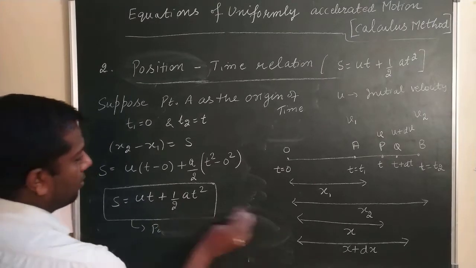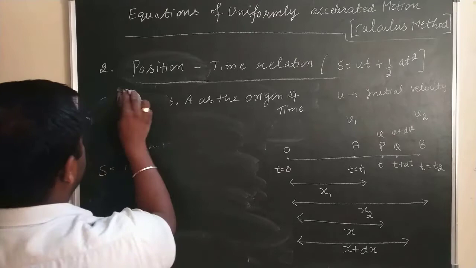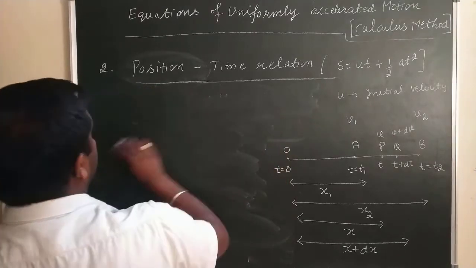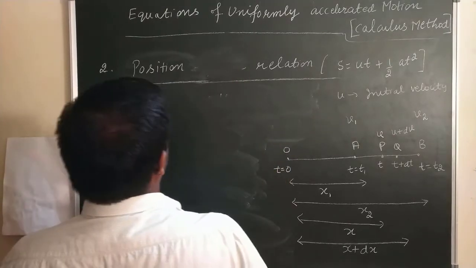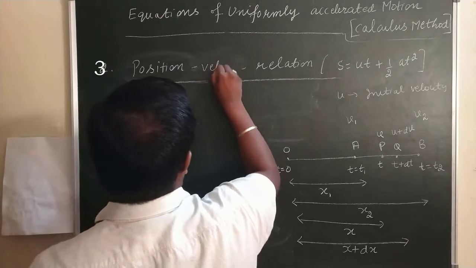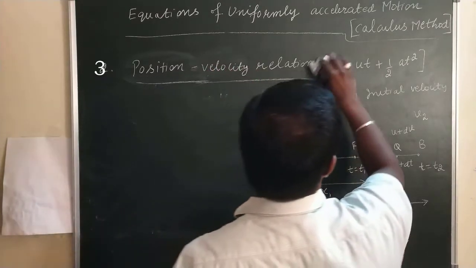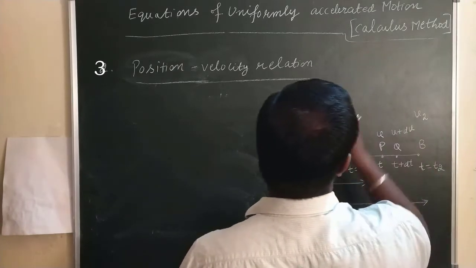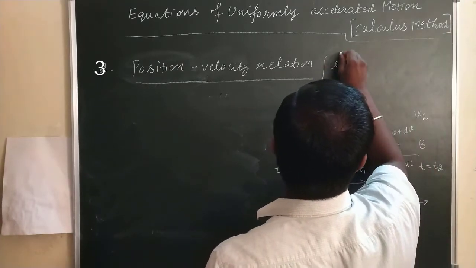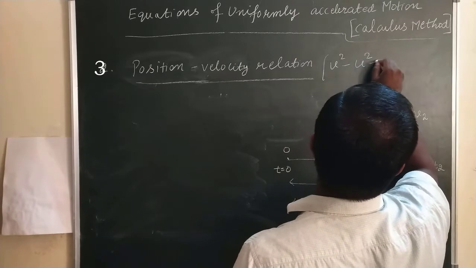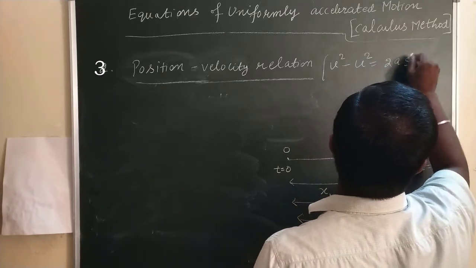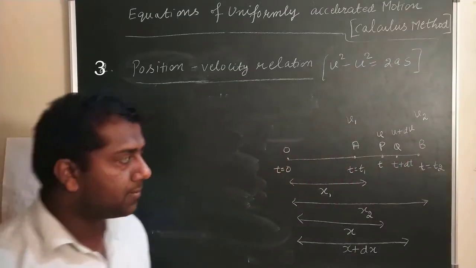Clear? So the third relation is the position velocity relation, and this relation is simply v square minus u square is equal to 2as. Clear?